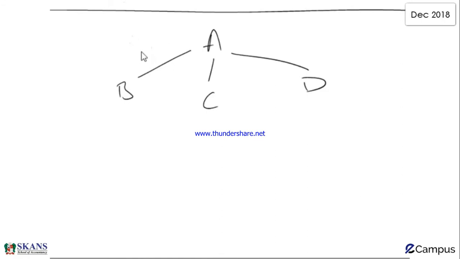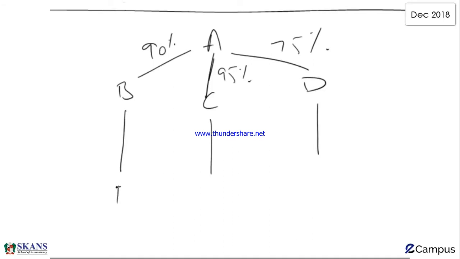Let's say A Limited owns B Limited 90%, C 95%, and D 75%. So right now A, B, C, D all are members. But if I say there's E, there's F, and there's G with a holding of 95, 75, and 70.